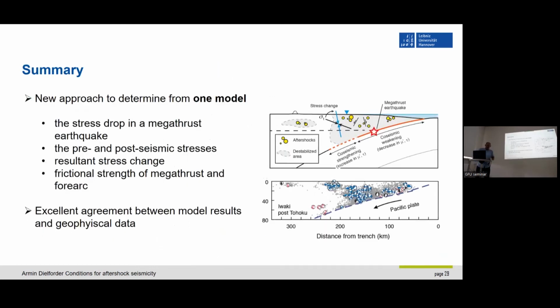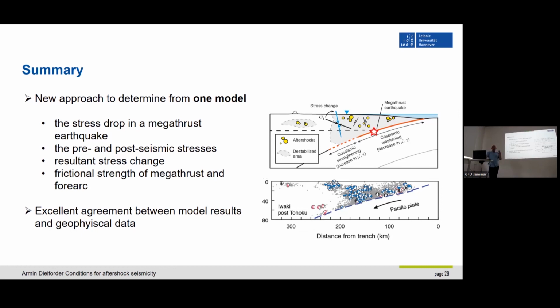So to summarize, what I presented to you today was a new approach to determine the stress drop in the megathrust earthquake, the absolute pre- and post-seismic stresses, so we don't look only at the relative stress change, but at the absolute stress change. And we can also infer the frictional properties of the megathrust and of faults within the forearc.